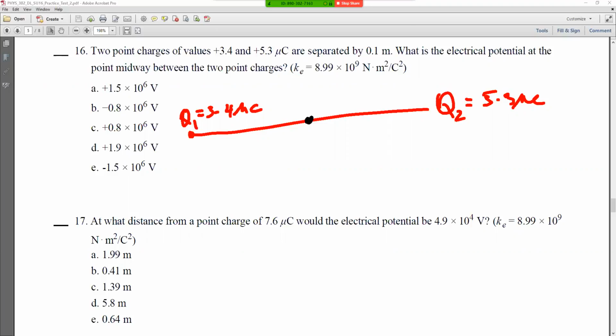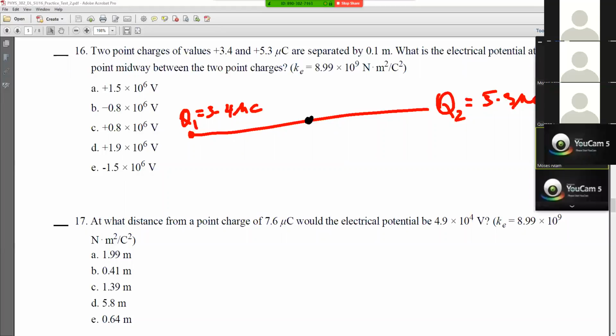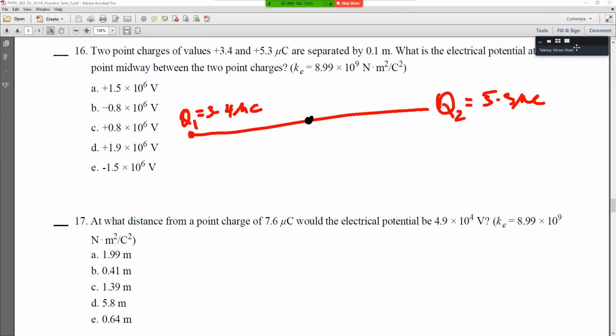Okay, so that's a problem. If you don't remember what the symbols represent, then how would you be able to know which equation to use? We've done several examples just a few problems ago on electrical potential.